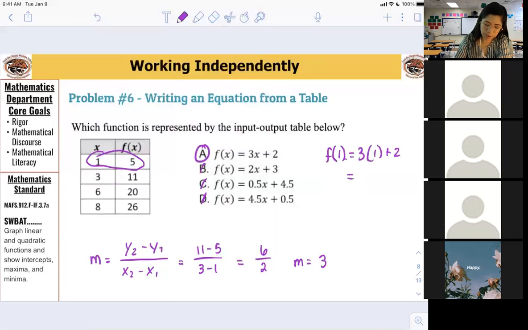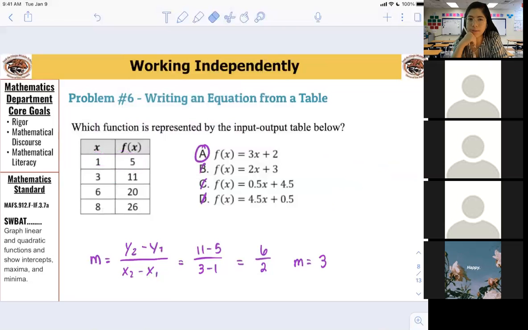So 3 times 1 is 3, 3 plus 2 is 5. So this matches. This would have been another strategy that you could use, but at the end of the day, as long as you calculate the slope, you can also pick the correct answer from that. Any other questions?